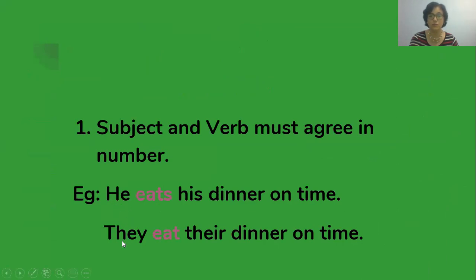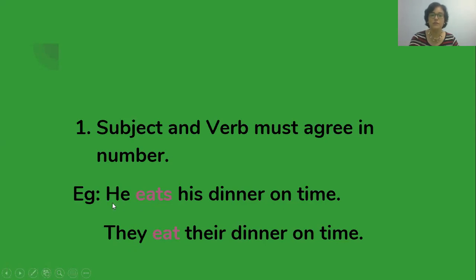If it is a plural subject like this, then the verb needs to agree with it. So depending on whether the subject is singular or plural, the verb needs to agree with it. So you need to check and see whether the subject in the sentence is singular or plural.